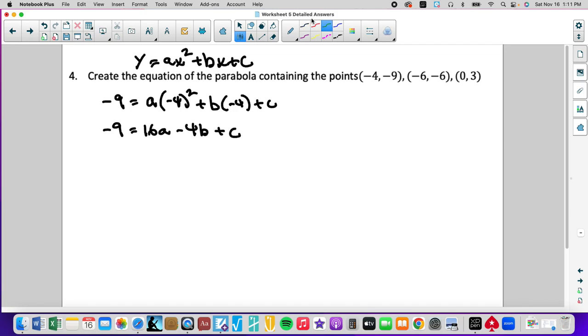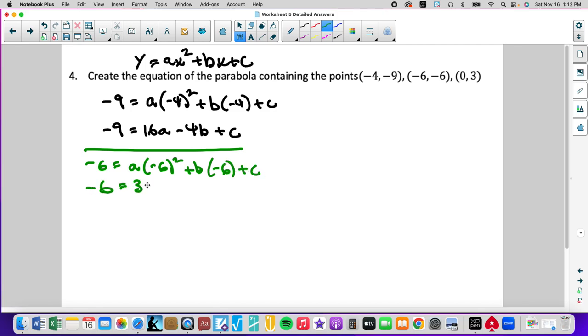Okay, now let's use the next equation. -6 equals a times -6 squared plus b times -6 plus c. Okay, that's -6 equals 36a minus 6b plus c.